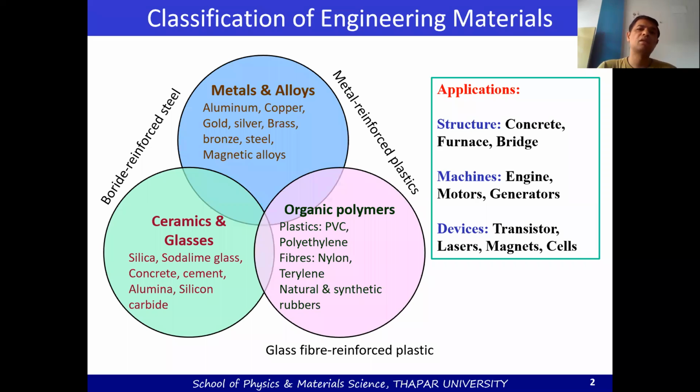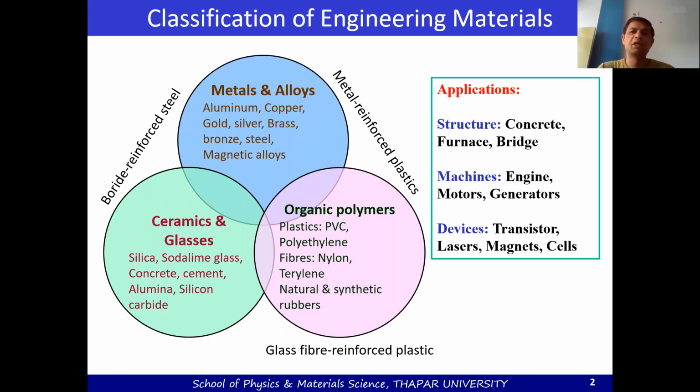This is the reinforced steel that is used in the construction of structures like houses, and this steel, because of the presence of boron, does not corrode. General steel easily corrodes, but if you reinforce boron into the steel, the product that you get does not corrode over a period of time.